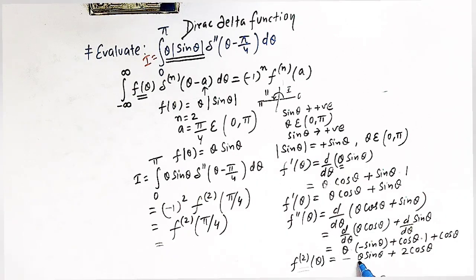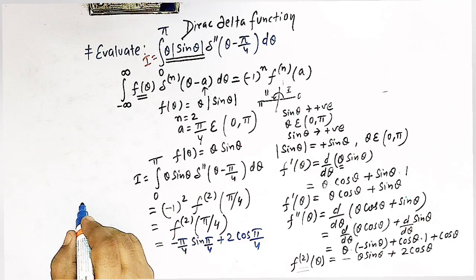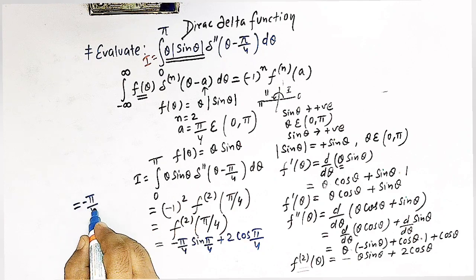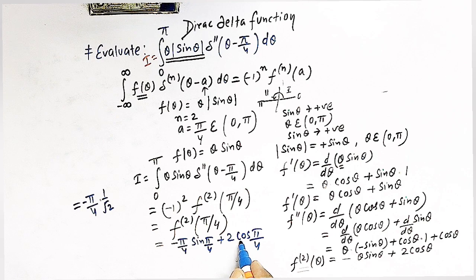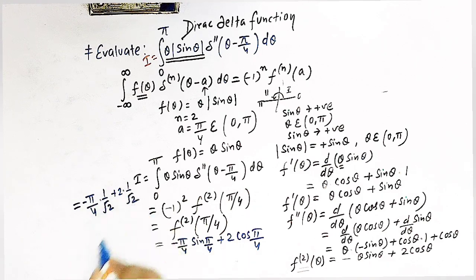So now taking theta is equal to pi by 4, we have minus pi by 4 sine pi by 4. Then we have 2 cos pi by 4. Now sine pi by 4 is 1 over square root of 2. So here we have 1 over square root of 2, and then we have 2 times 1 over square root of 2.